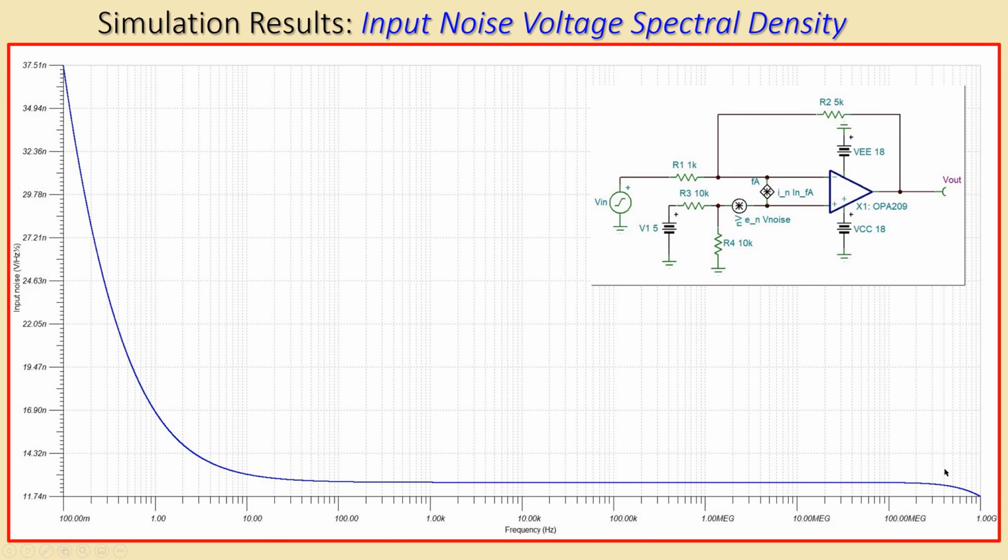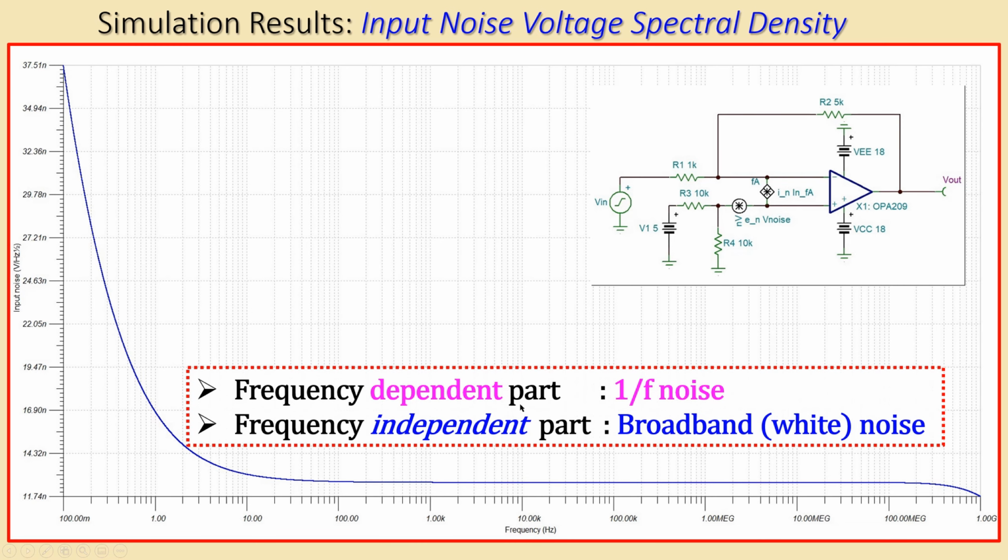You also see the final part here, which is decreasing. That is actually due to the modeling of our noise, which is of course not perfect. So we have the frequency dependent part, which is the 1 over f noise, and the frequency independent part, which is the broadband or the white noise part of this circuit.